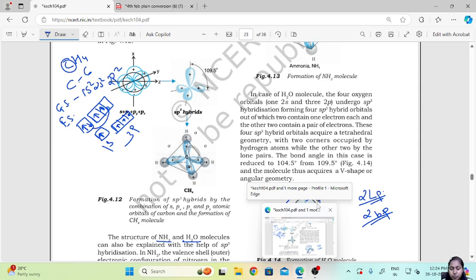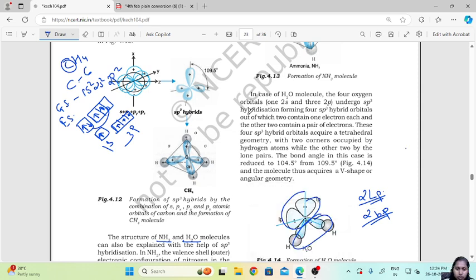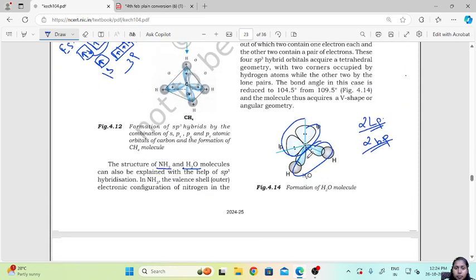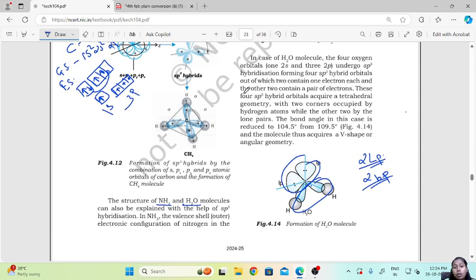Now these 4 sp3 hybrid orbitals acquire a tetrahedral geometry with 2 corners occupied by hydrogen atoms while the other 2 by lone pairs. So they form a tetrahedral structure where 2 corners are occupied by hydrogen atoms and the other 2 corners are occupied by lone pairs.